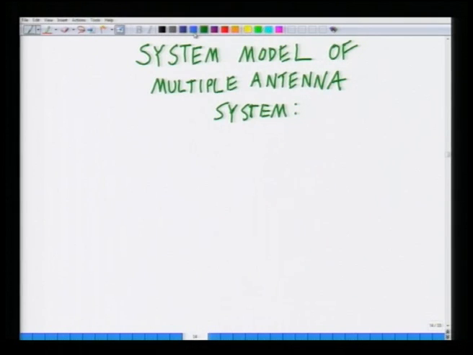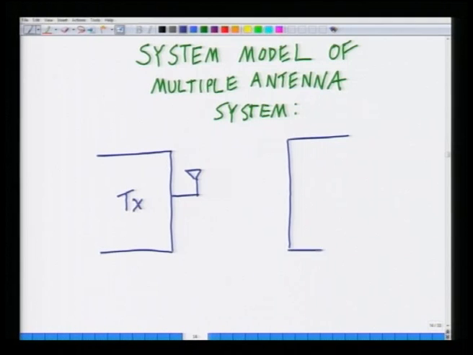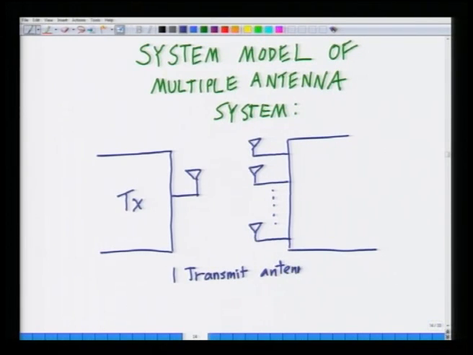So, now let us say I have a transmitter which has one transmit antenna, I have a receiver which has L receive antennas. Now, I am going for a general case where I have one transmit antenna and L receive antennas.